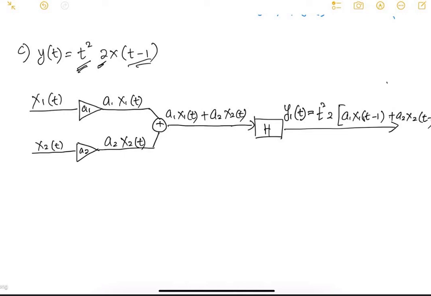For the second one, you have x1(t) and you insert it into the system first.